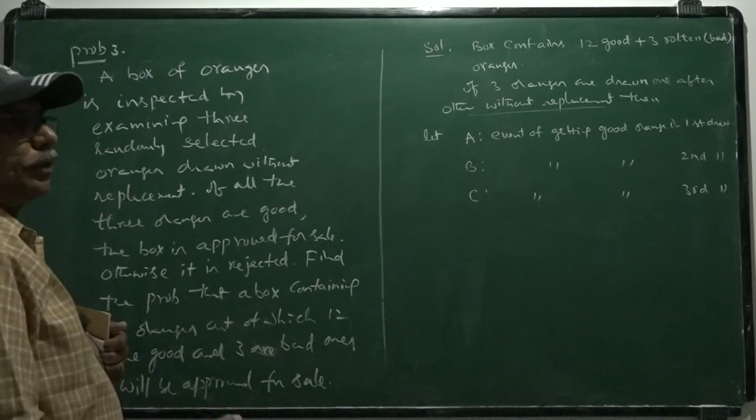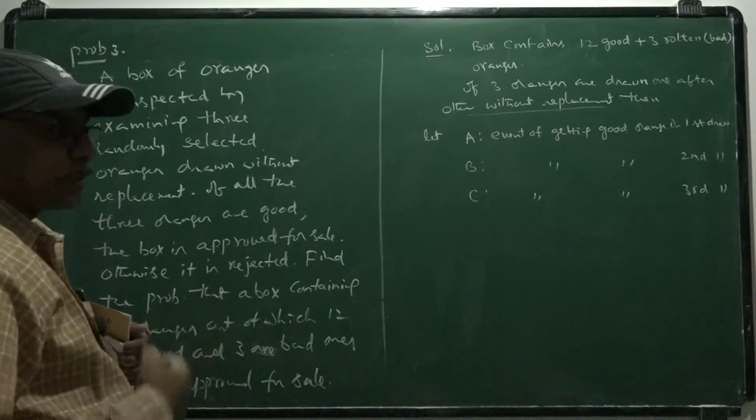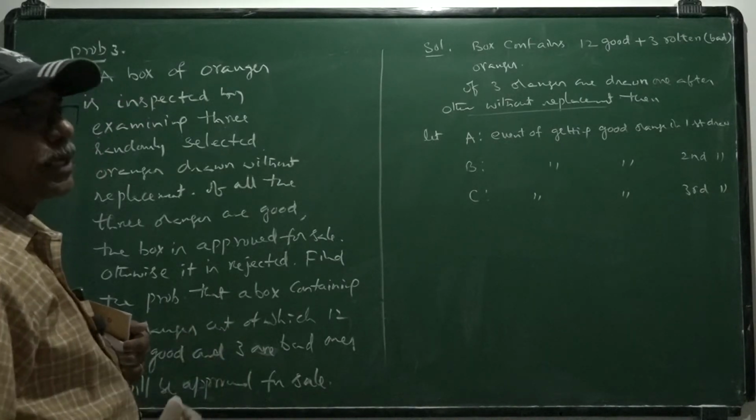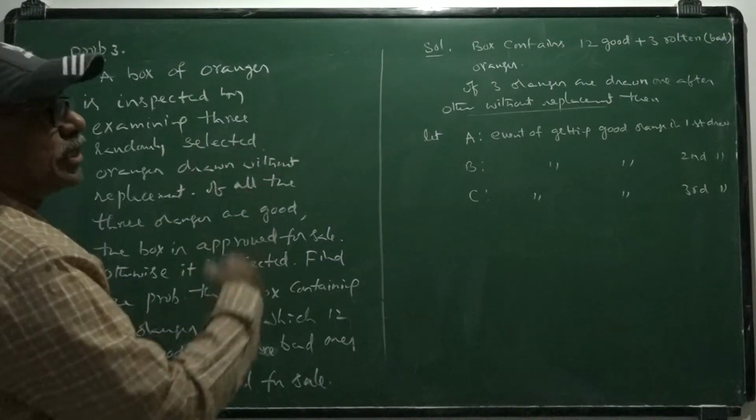Now, happening of A intersection B intersection C. Once A intersection B intersection C has happened, the box is approved.